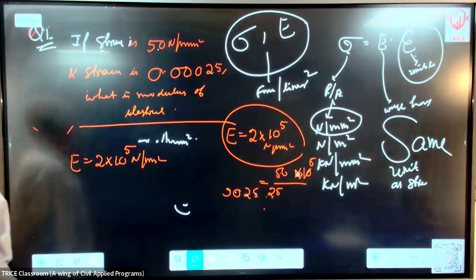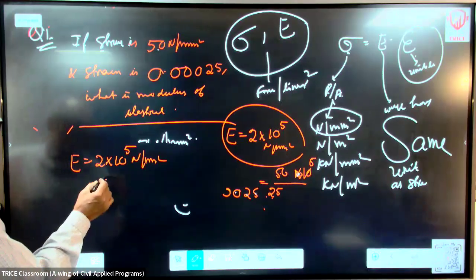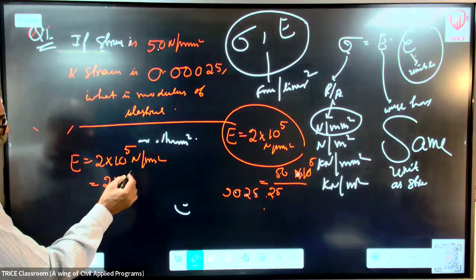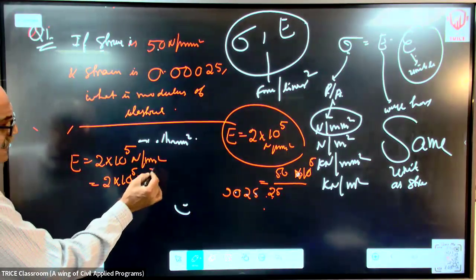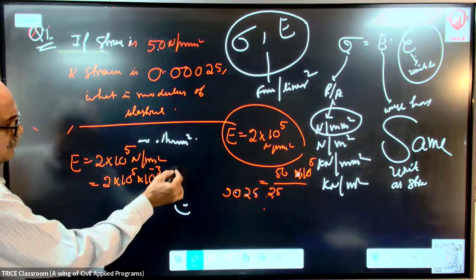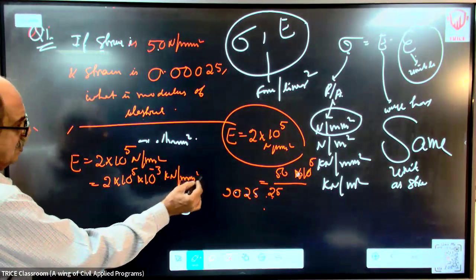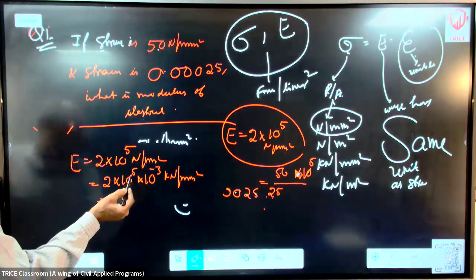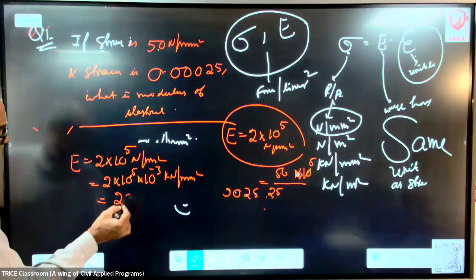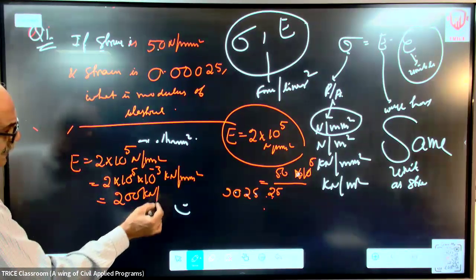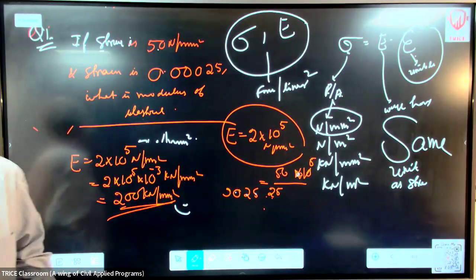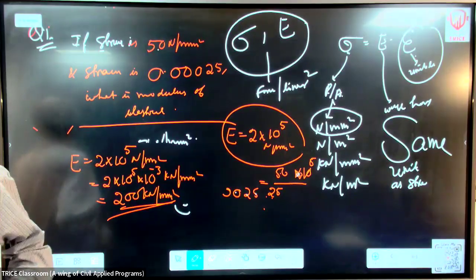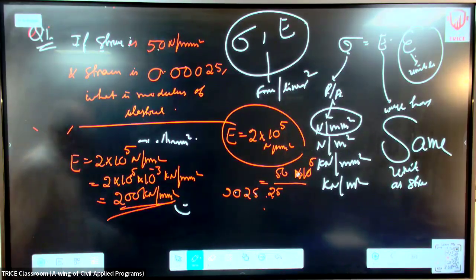Or suppose they give the answer in kilonewton per mm square: 2 into 10 to the power 5 Newton, multiplied by 10 to the power minus 3, gives 200 kilonewton per mm square. See, you got the answer without a calculator. Why? Because the numbers are given so that you can calculate. Okay, now next question.